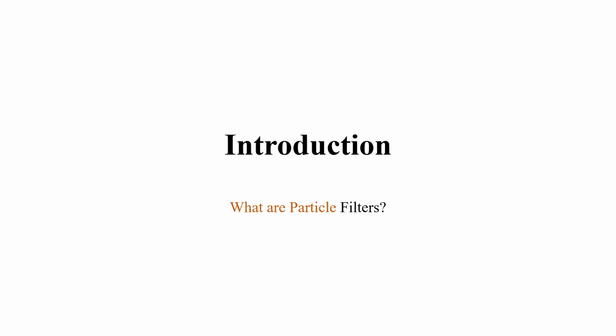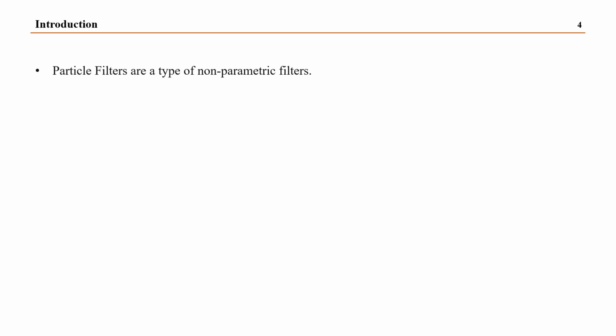Now first, what are particle filters? Basically, first of all, particle filters are a type of non-parametric filter. This means that when a particle filter is trying to approximate a certain density, it does that using samples from that probability density.